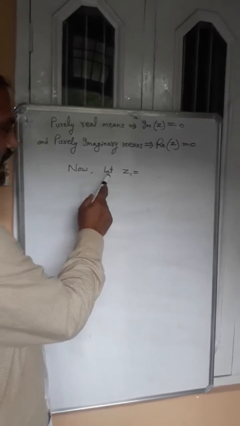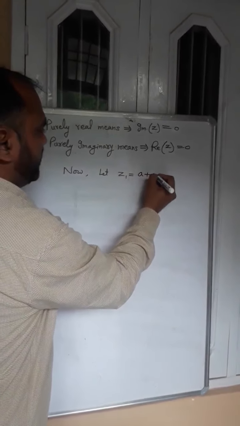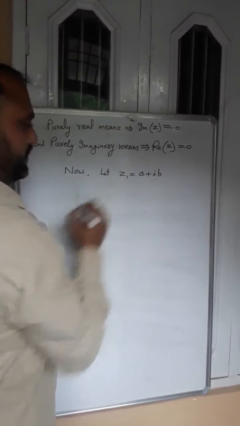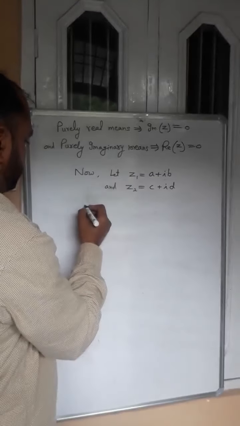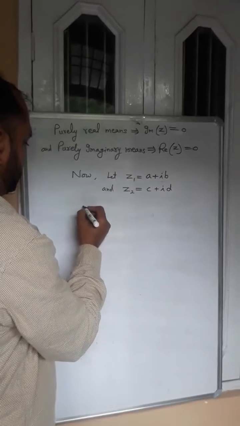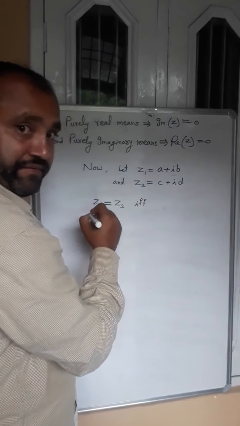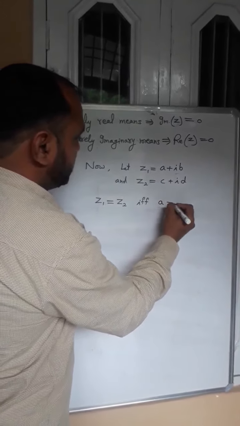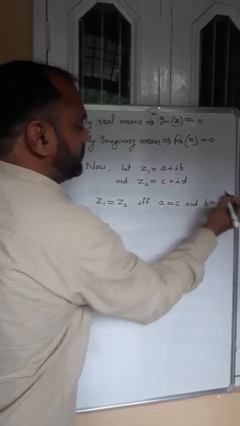Now let z1 is equal to a plus iota b and z2 is equal to c plus iota d. Here z1 is equal to z2 if and only if a is equal to c and b is equal to d.